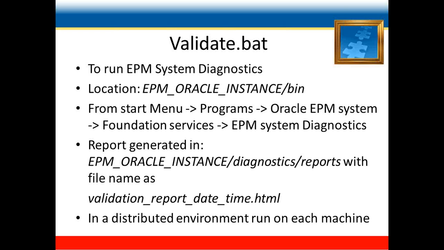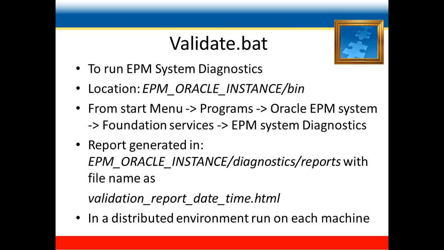Basically, this utility runs EPM system diagnostics. The utility generates a report which tells us whether our deployment has gone right or wrong, whether we have done it correctly or not. You can find this utility in the EPM Oracle instance under the bin directory.